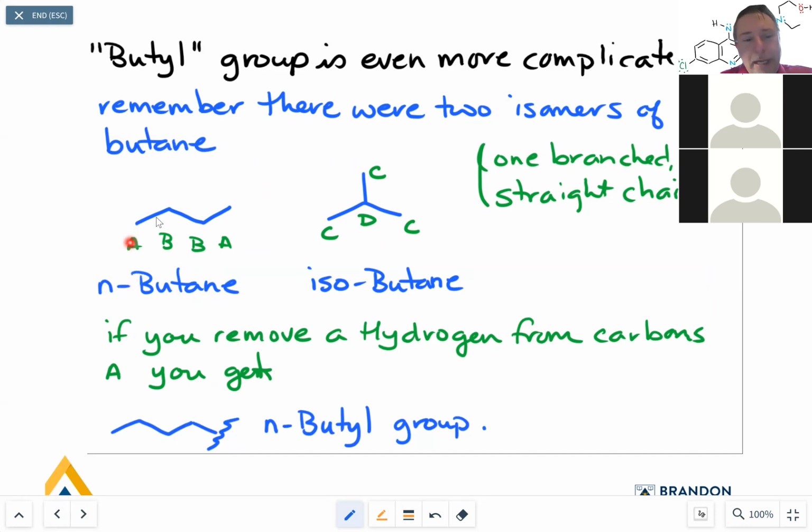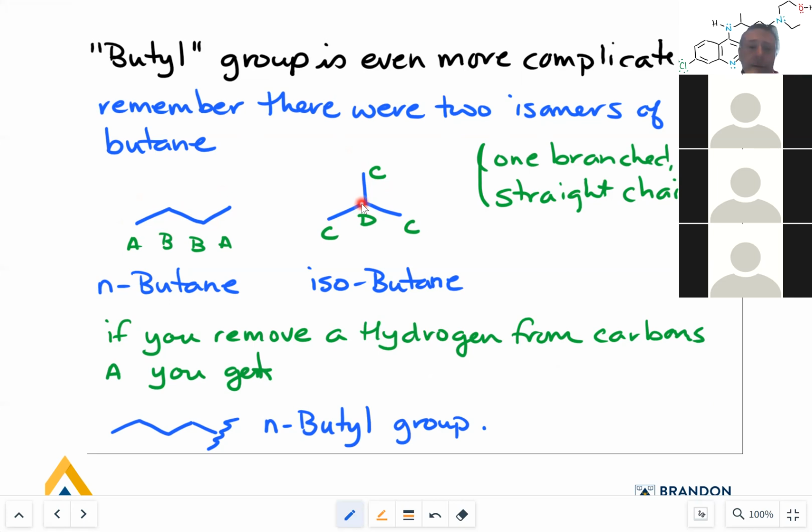In n-butane, there are basically 2 sets of unique carbons, the carbons on the end or the carbons in the middle. And in isobutane, again there are 2 distinct types of carbons, the ones on the ends or the one in the middle, D. The easiest of all of the butyl groups is if you start from n-butane and take a proton off the end, it's this straight chain 4-carbon n-butyl group.